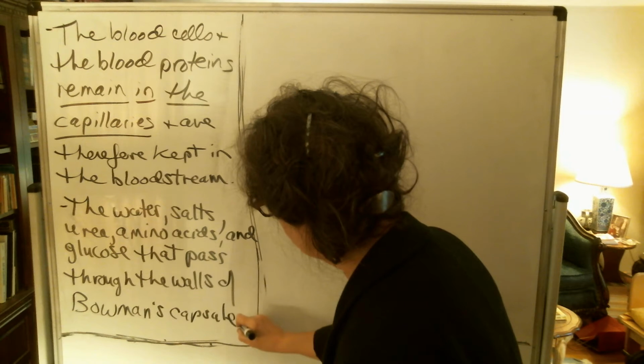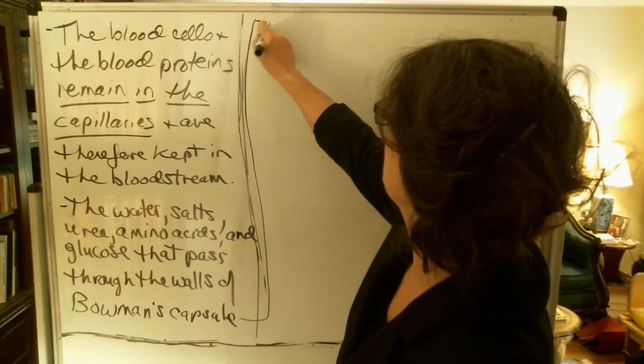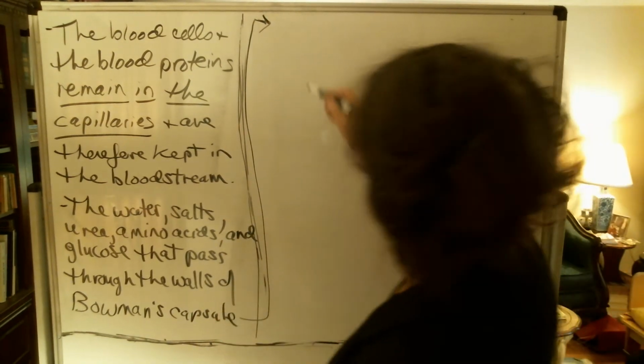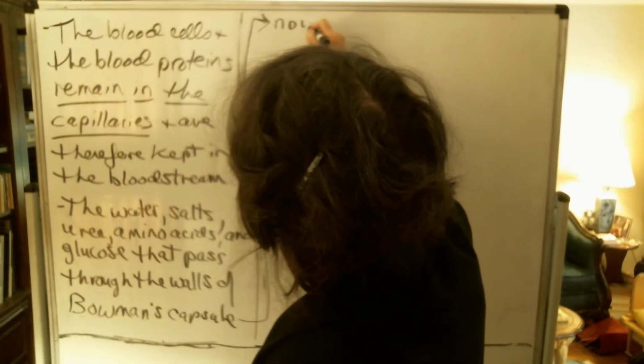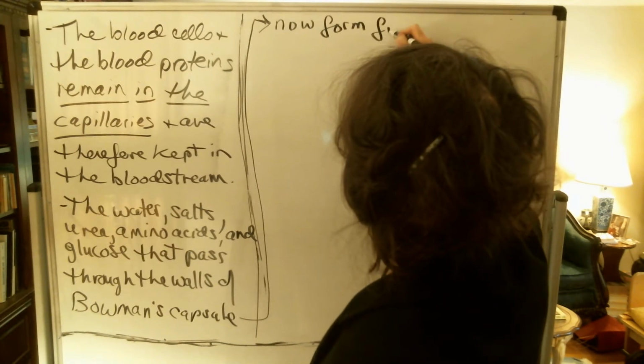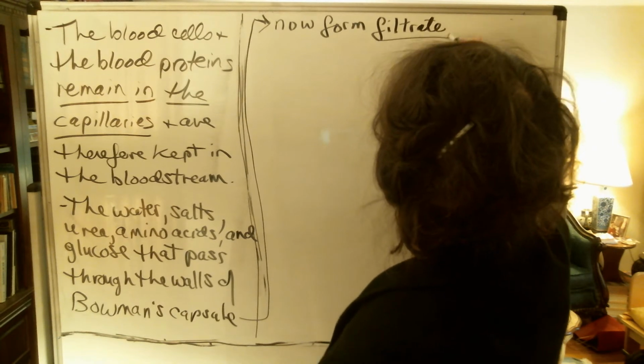So all of these fluids and small stuff that pass through the walls of Bowman's capsule now form filtrate.